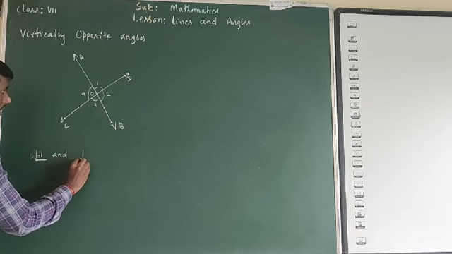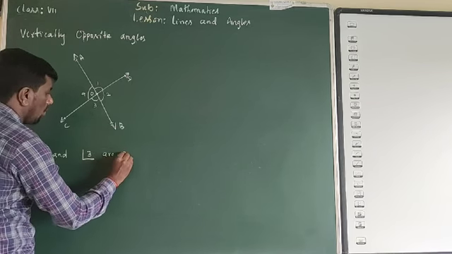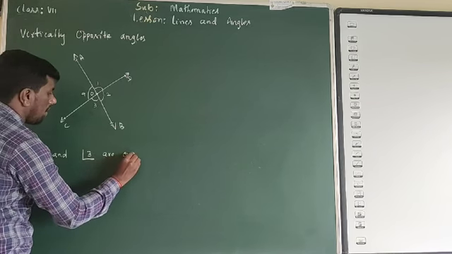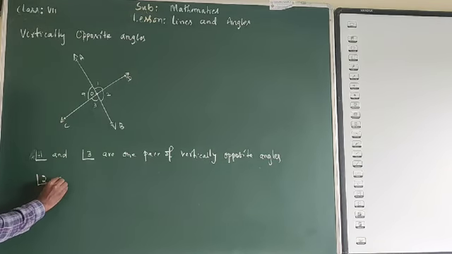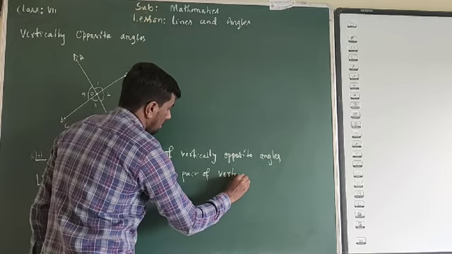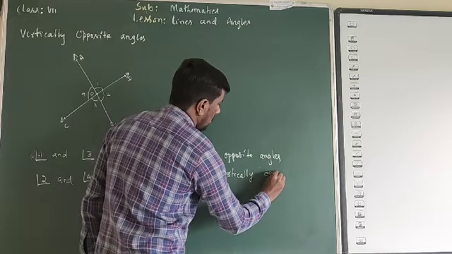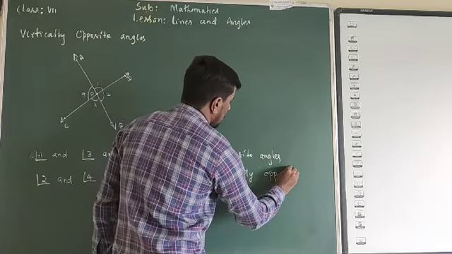Angle 1 and angle 3 are one pair, then angle 2 and angle 4 are another pair of vertically opposite angles.